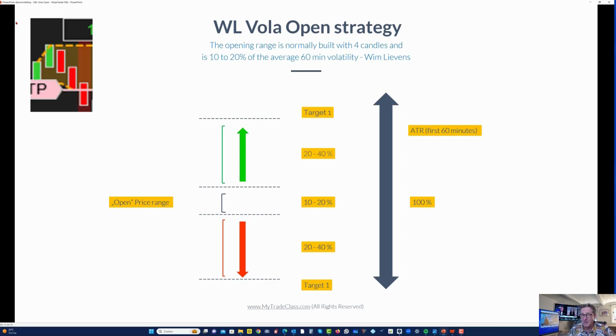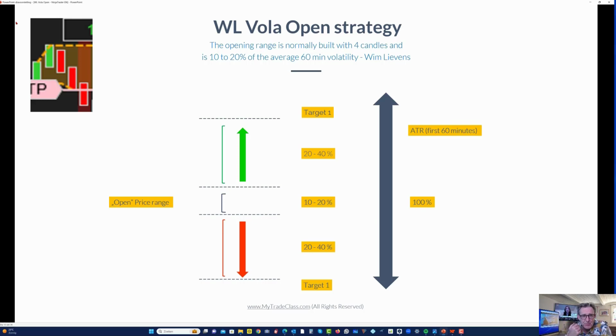And even after 5 minutes or 10 minutes, that open range can be huge, way too wide. And so that doesn't really help me from a trading and especially not a money management point of view. So that doesn't really work. So I want to keep that open range small.